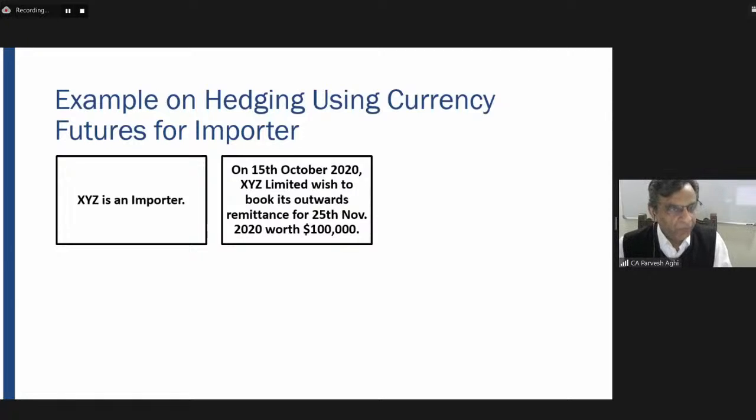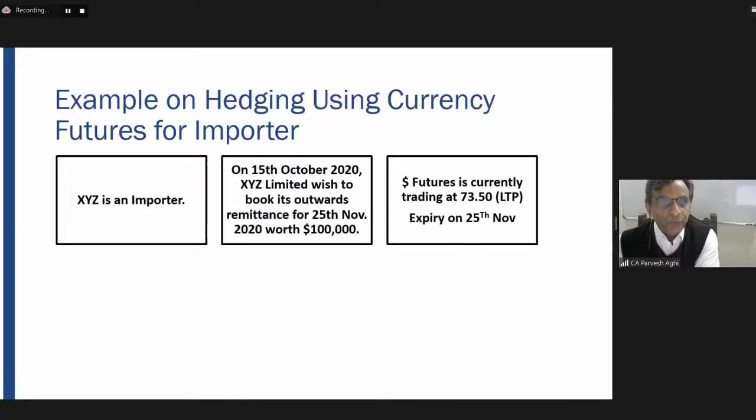So today is 15th October 2020, and he has to make a payment on 25th November, amounting to $1 lakh, as an importer.